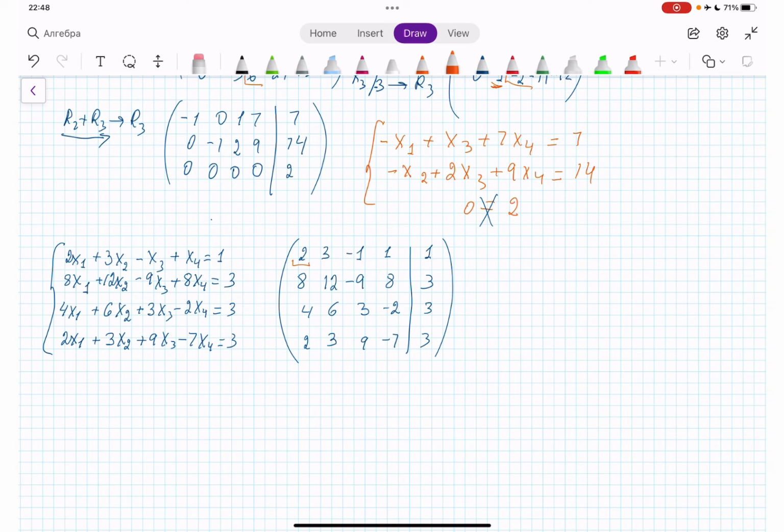So our job is to fill out with zeros these 3 elements of the same column where the leading coefficient is.